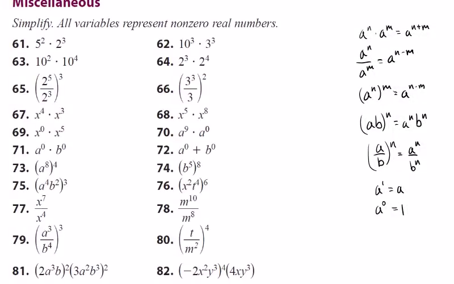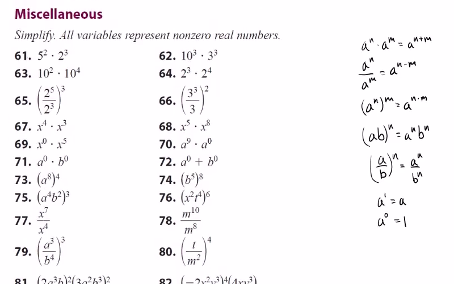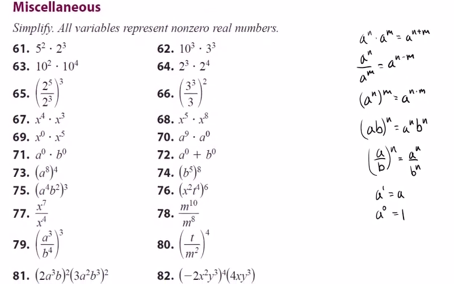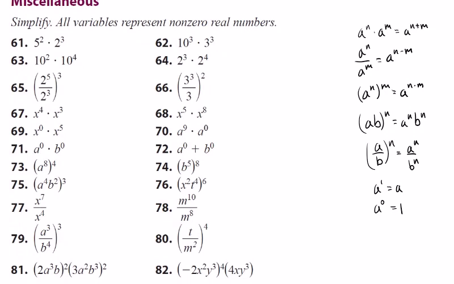All right, so let's take a look at some examples here. These are just miscellaneous examples, and I wrote all the properties that we've learned on the side here, right? So we have the product rule, quotient rule, power of another power rule, which I just call the power rule.